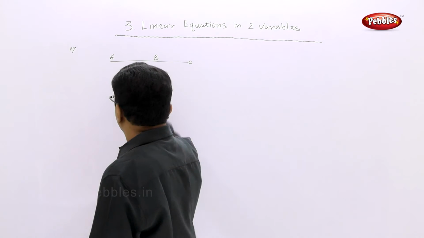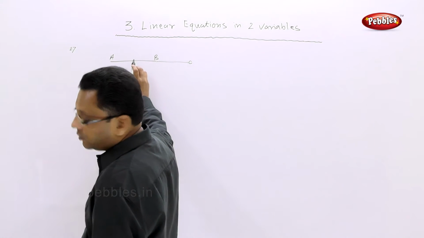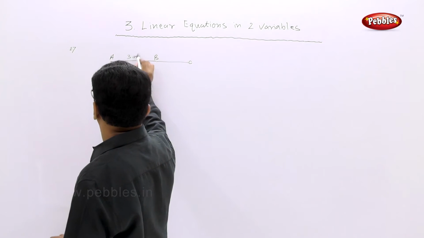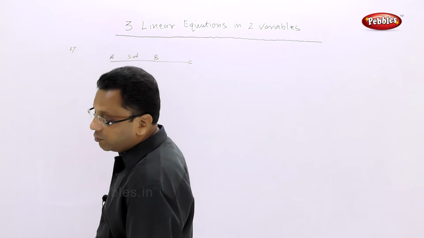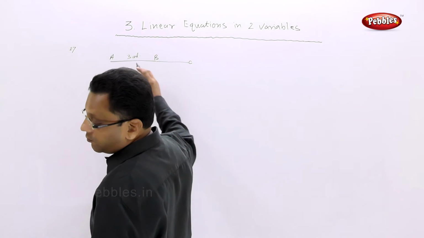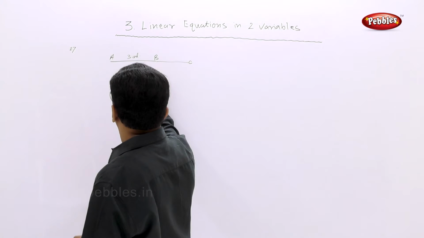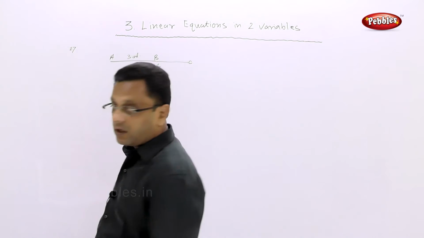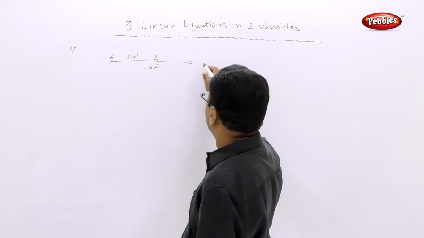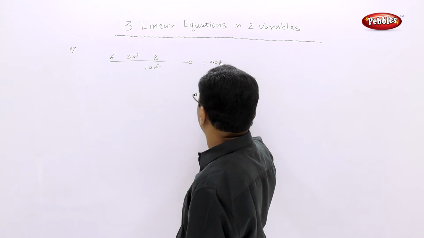Okay, A to B, how many adults? 3 adults. And A to C is 1 adult. And how much he pays? He pays rupees 405.